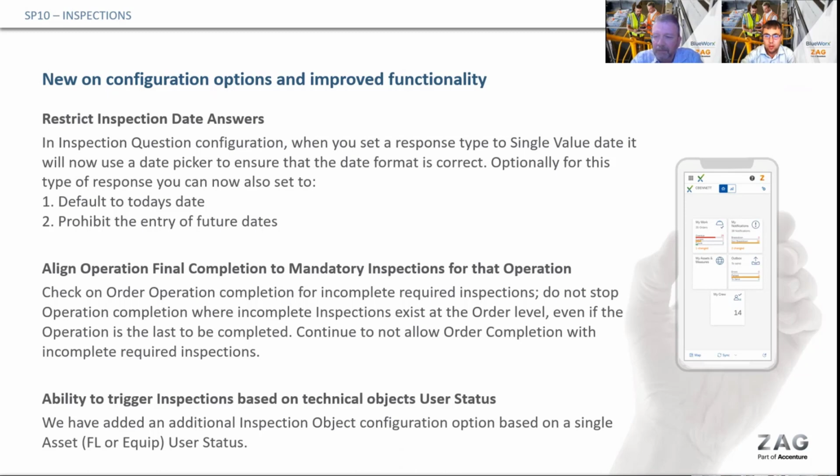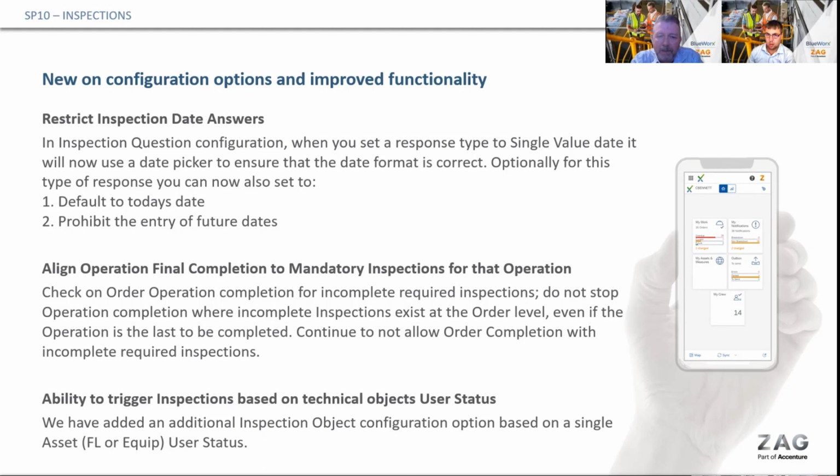Where you configure a date type response in an inspection question, we can now default the value to today's date if you want to, and prohibit the entry of future days. So that's been asked for by some customers, just to be able to tweak that sort of response.